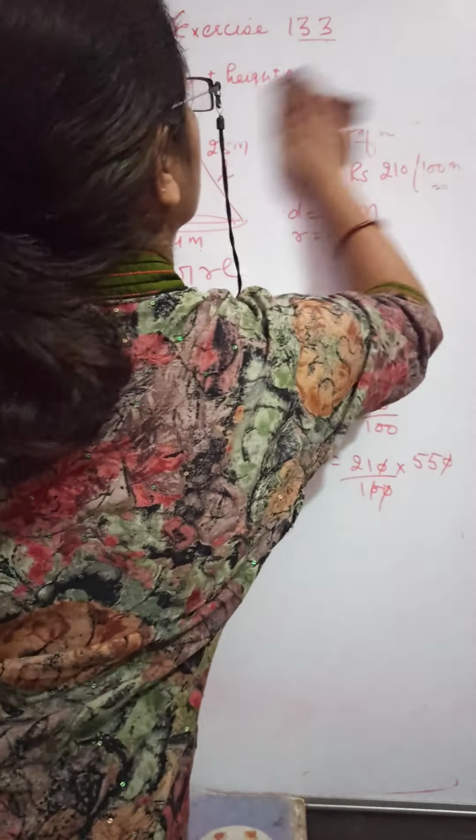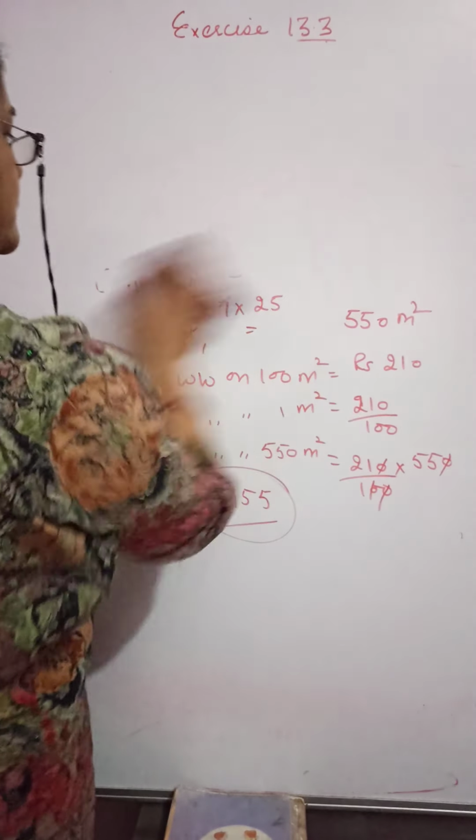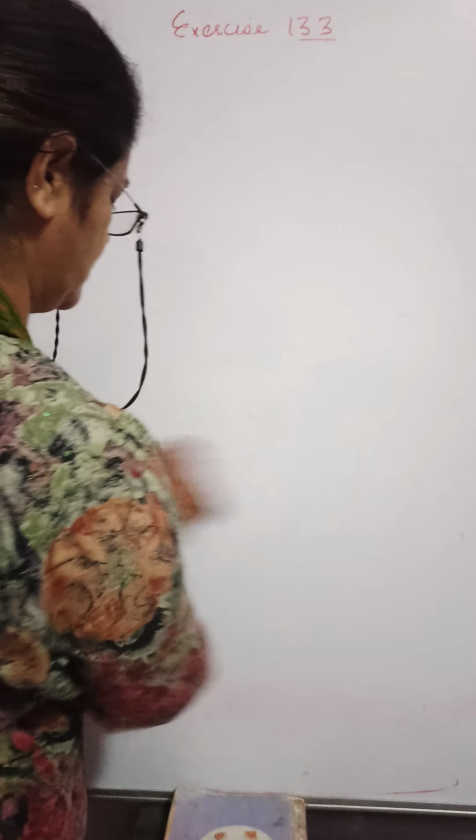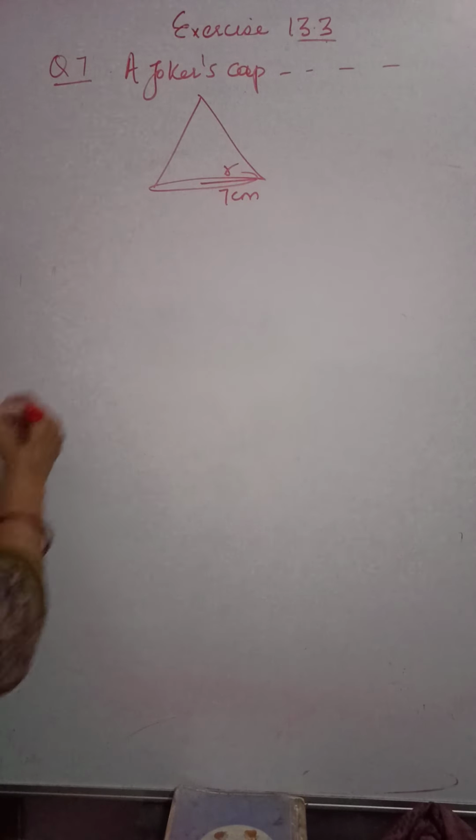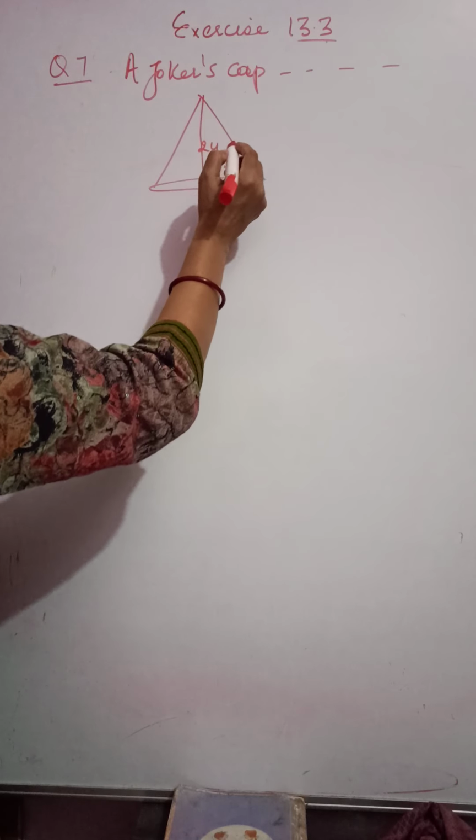Now come to question number 7. The statement is, a joker's cap is in the form of a cone with base radius 7 centimeter and height 24 centimeter.